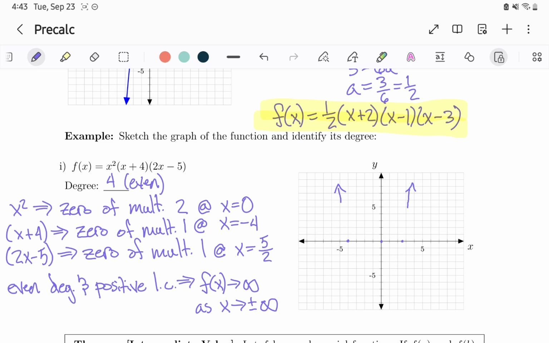Okay, and since we have a 0 of multiplicity 1 at x equals -4, that means that the graph is just going to cross the x-axis there.